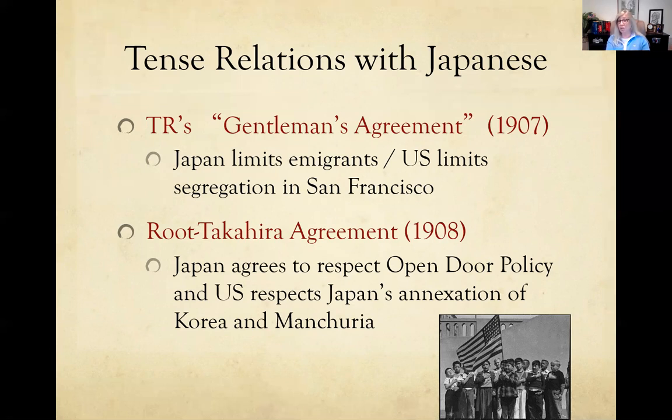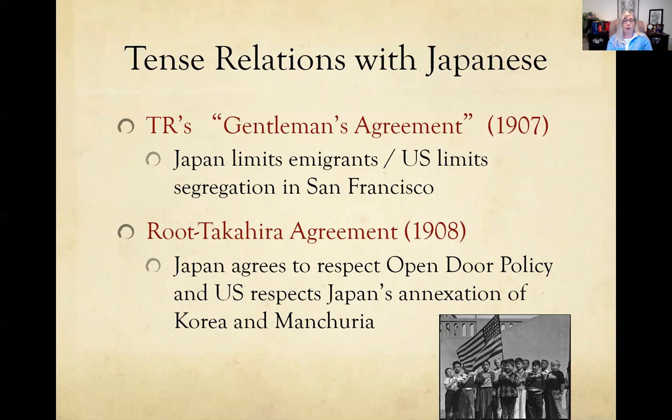Japanese exclusion is also taking place, with lack of access from Angel Island. The agreement becomes that if Japan will limit the numbers of people immigrating to the United States, then the US will try to protect Japanese rights in San Francisco. Now, not a lot of that ends up being fulfilled.